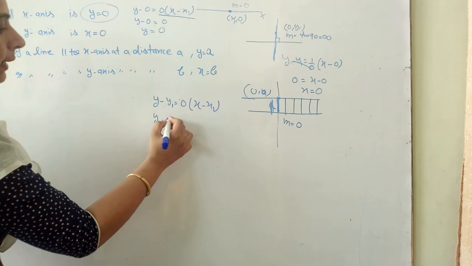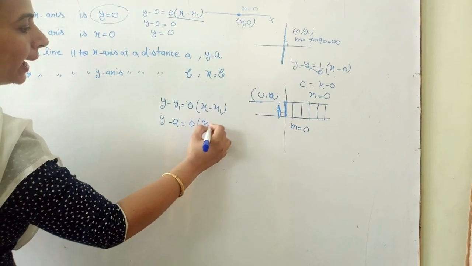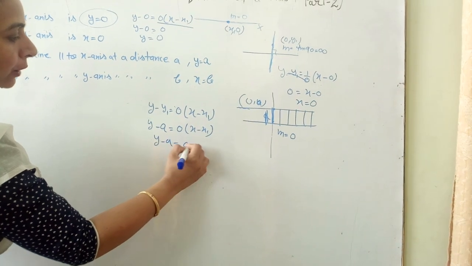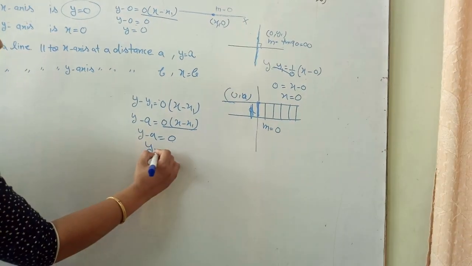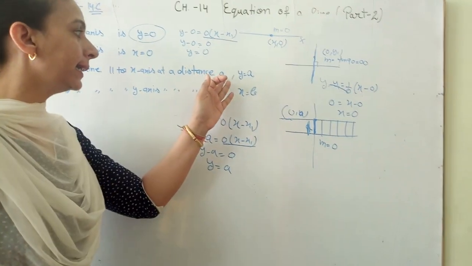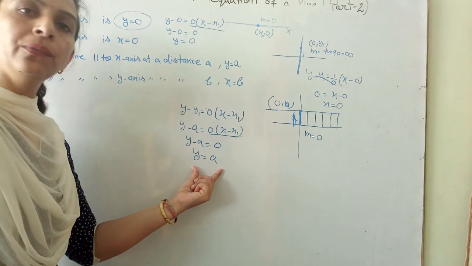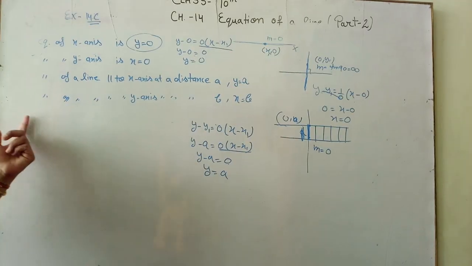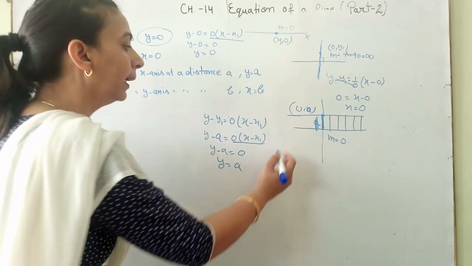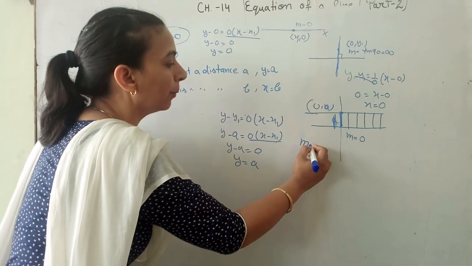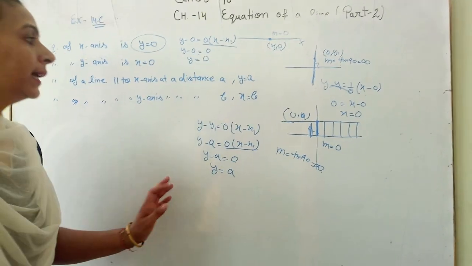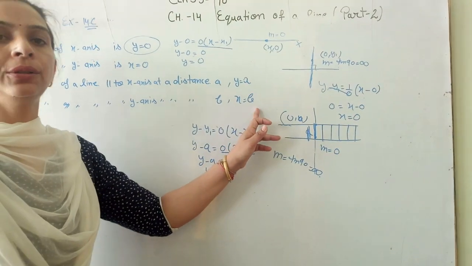Then y minus a equal to 0 times (x minus x1), so y minus a equal to 0, y equal to a. So any line parallel to the x-axis at a distance a is y equal to a. Same as it is for any line parallel to the y-axis: the slope equals tan 90, which equals infinity, and the equation is x equal to b.